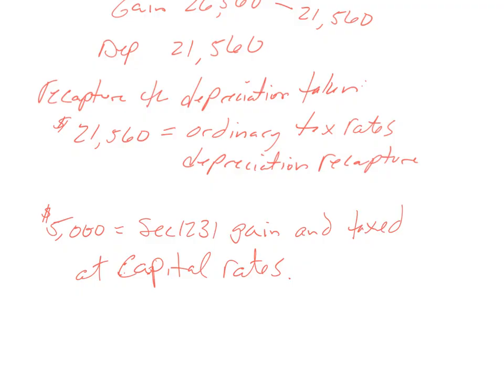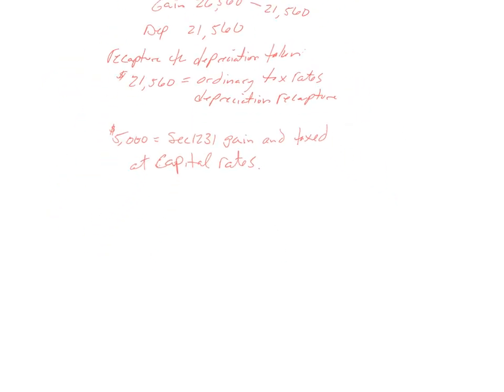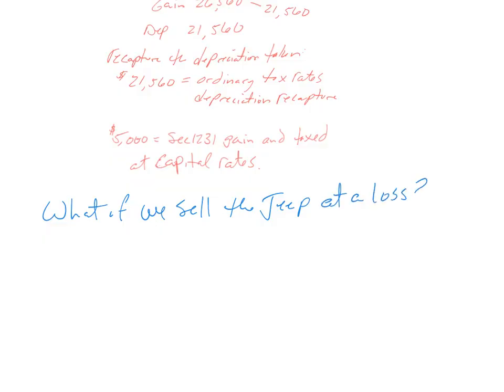We also could have a situation where there is a loss. So our third situation we have to consider is, what if we sell property at a loss? All right, so what if we sell it at a loss?